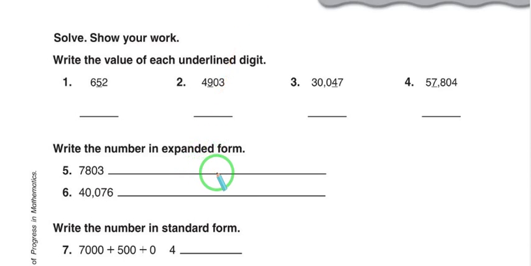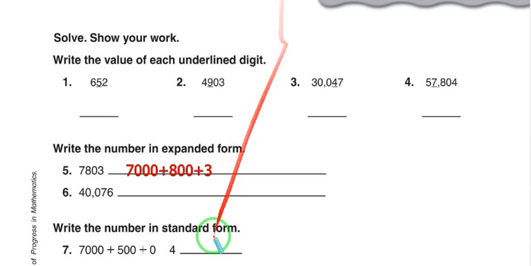And as you can see here, we have nothing in the tens place. So we don't write anything about tens. And for this number, we have 40,076. So we just write 40,000, which is 4 with 4 zeros, 1, 2, 3, 4, plus 70 with 1 zero, and 6 is just a 6.